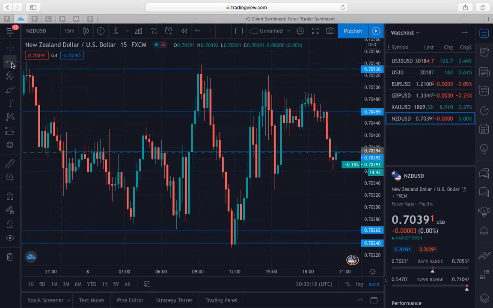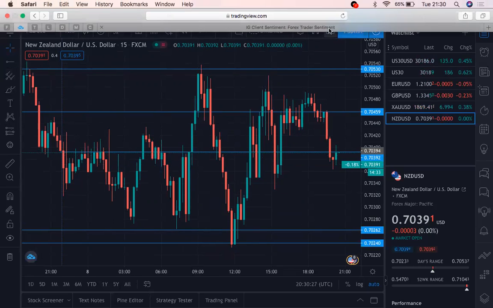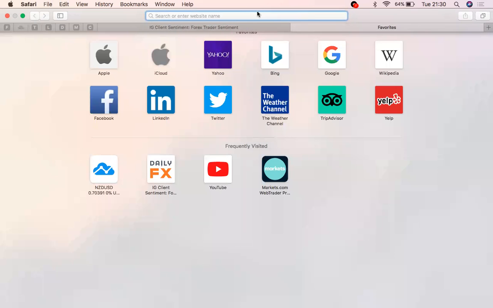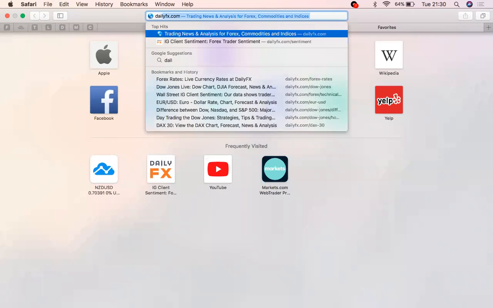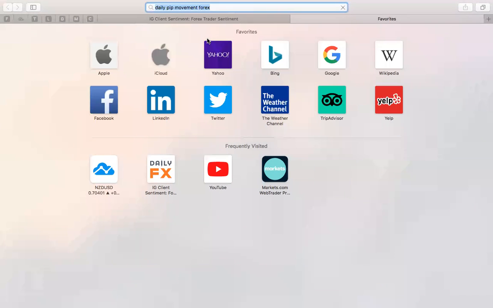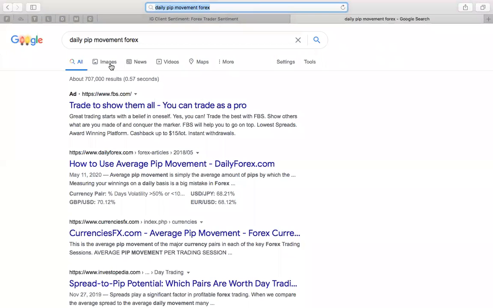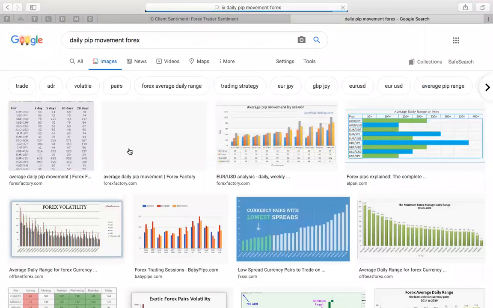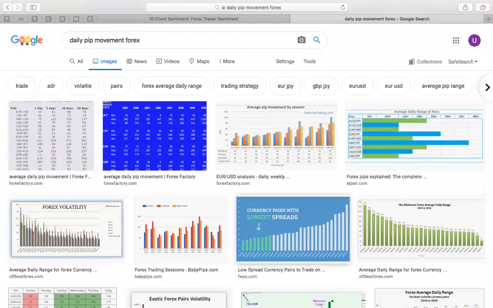Because today is Tuesday, and if you read the checklist I sent in, you could just Google and type daily pips movement, Forex. So you could see all the pairs and what they do daily, how far they can go.